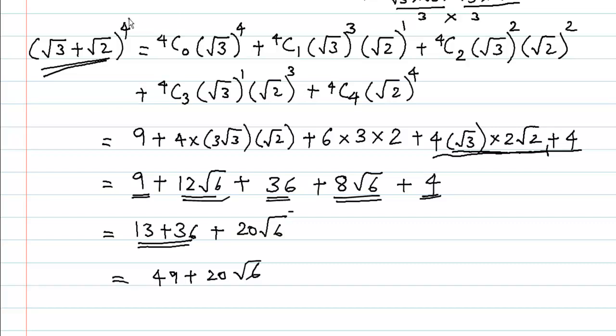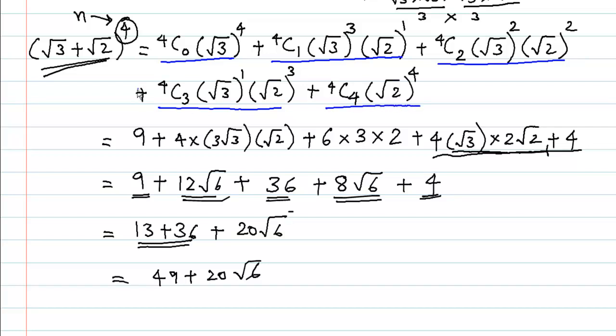Now, just a bit more. When the value of n was 4, you saw that we had a total of 5 terms. This was our first term, then this was the second term, this was the third term, this was the fourth, and this was the fifth. So another conclusion that we can draw is when n is 4, the number of terms that we get is 5.